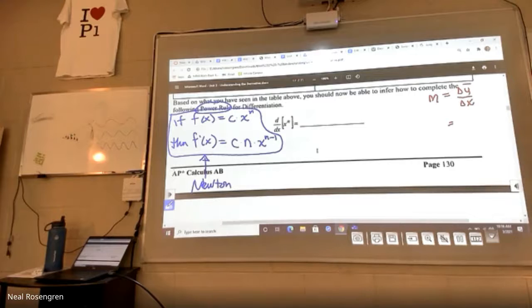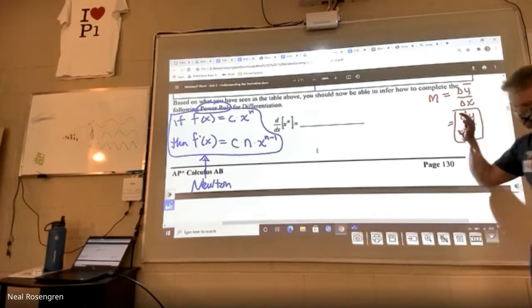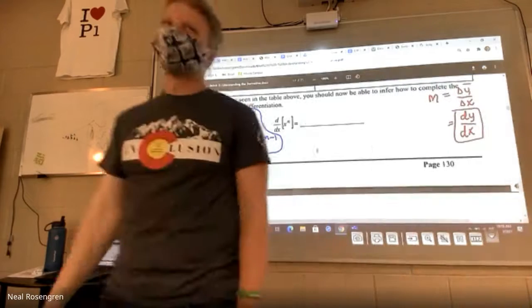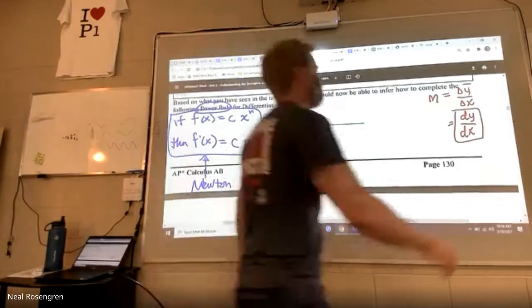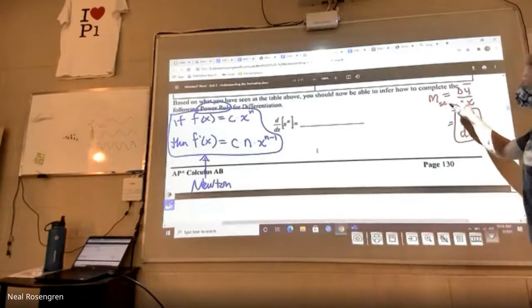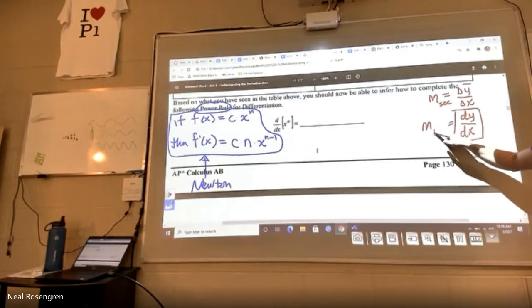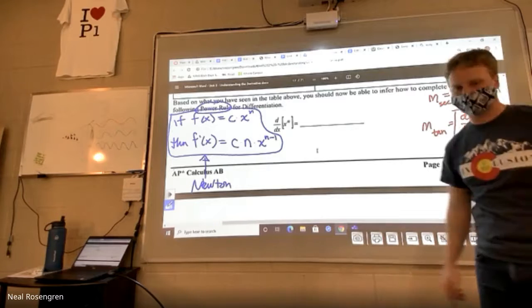And so he decided to use slightly different notation: not delta y over delta x, but dy over dx. Of course, delta starts with d, so it's the same kind of idea. This was the slope of the secant line in his mind, and this was the slope of the tangent line.